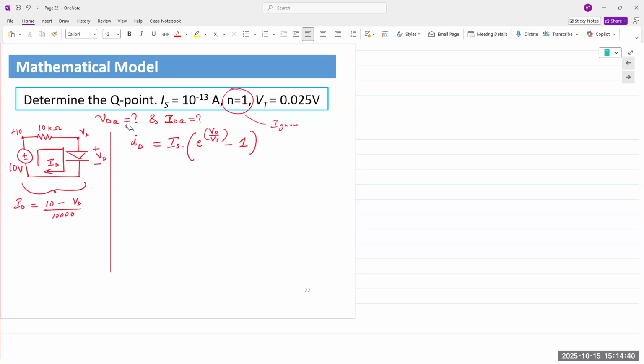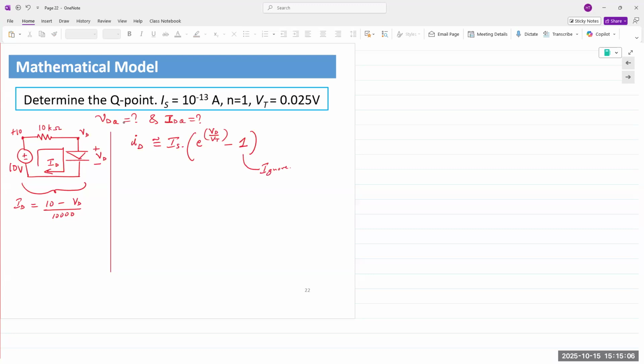All right. This is N is equal to 1. Also, to simplify it a little bit further, because this is 1, I'm going to ignore that too. The answer is going to be an approximation, right? So ID is approximately equal to IS times E raised to VD over VT. All right. So now what can I do?